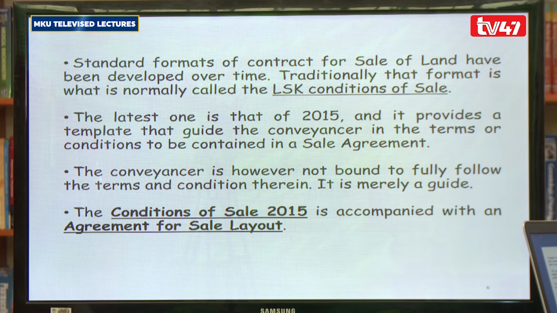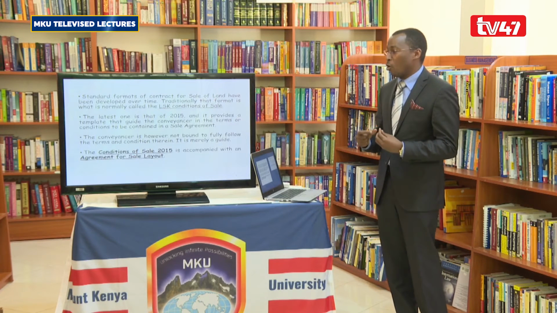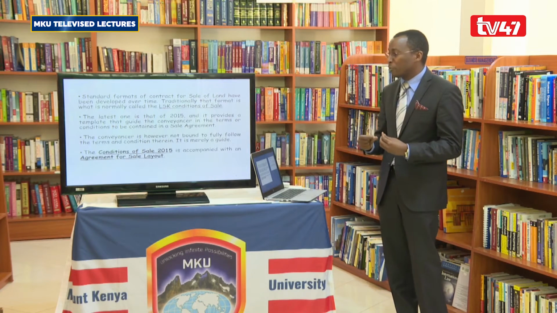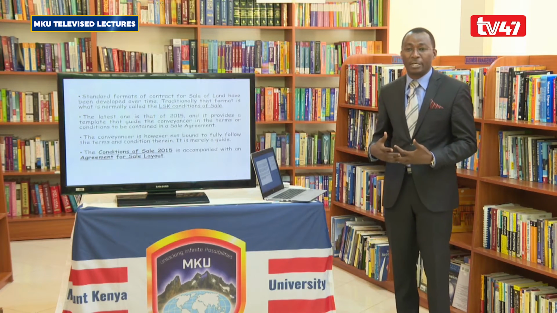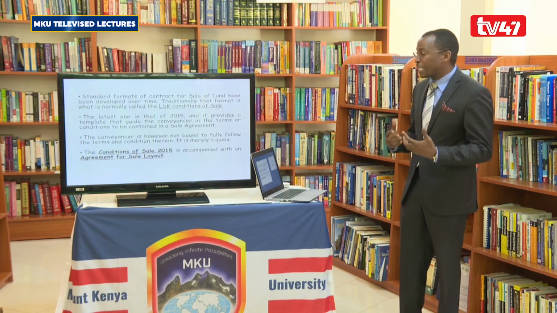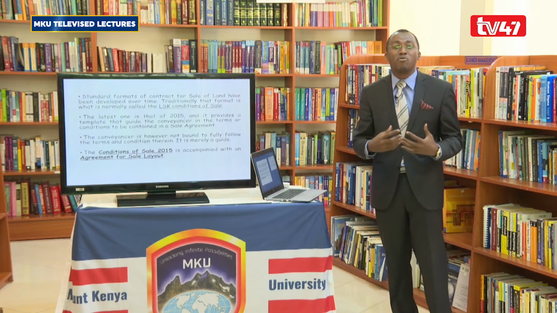In other words, what it means, the conditions of sale as prescribed by the Law Society of Kenya, the LSK conditions of sale of 2015, what they do is that they give a guideline. They are supposed to operate as a guideline. In other words, the parties can reproduce them as they are, or they can alter, they can amend, they can improve.